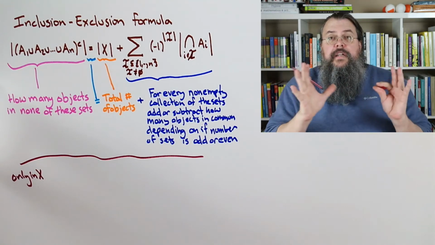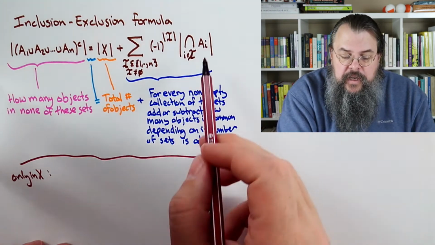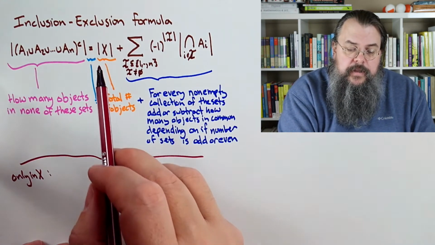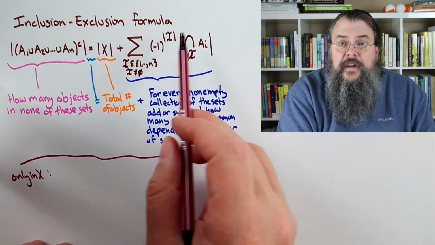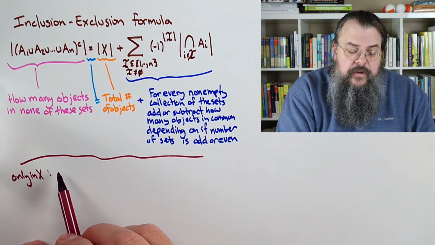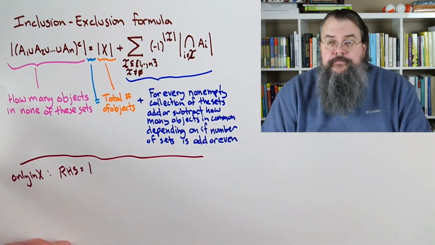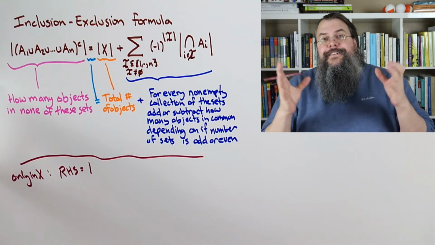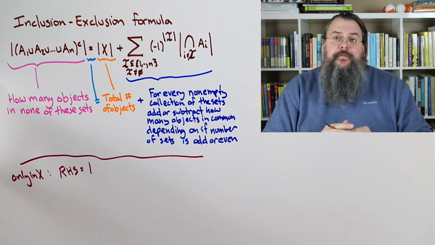Well, how many times does it get counted? The answer is it only gets counted in X, because it's not in any of those. So the right-hand side will equal 1. Great, no problems.